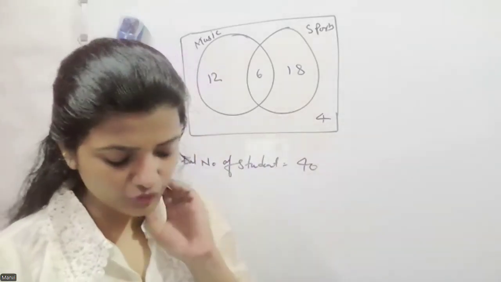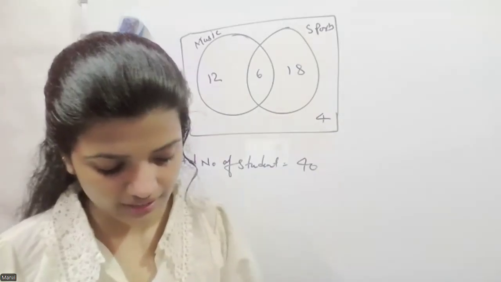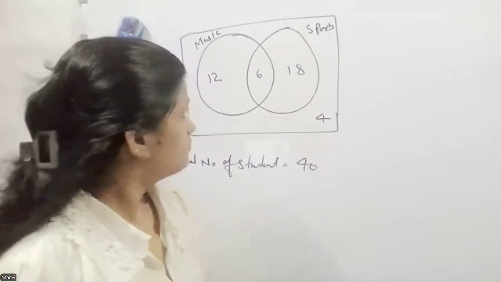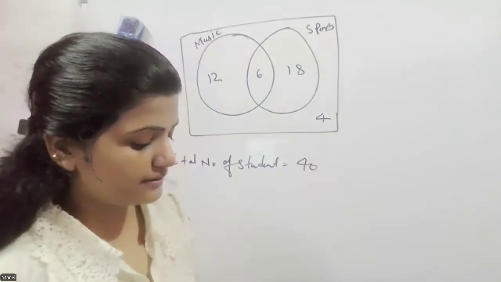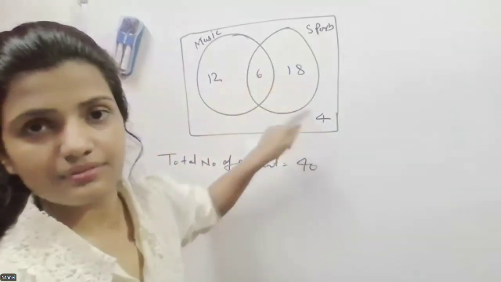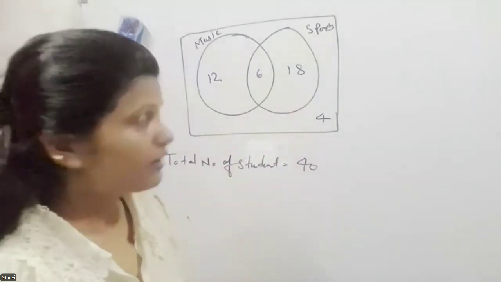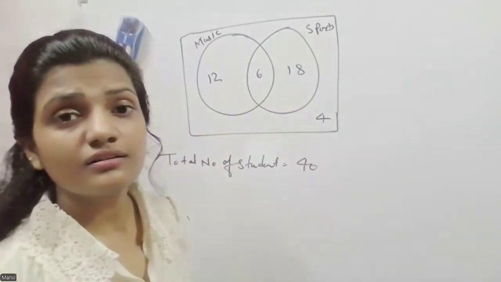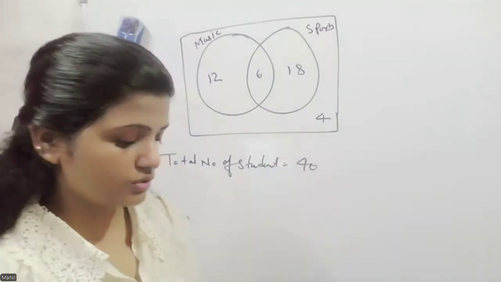So here there are a few important things in the Venn diagram. One is neither. Neither means not like either circle, this 4. And all together means we need to add all those.